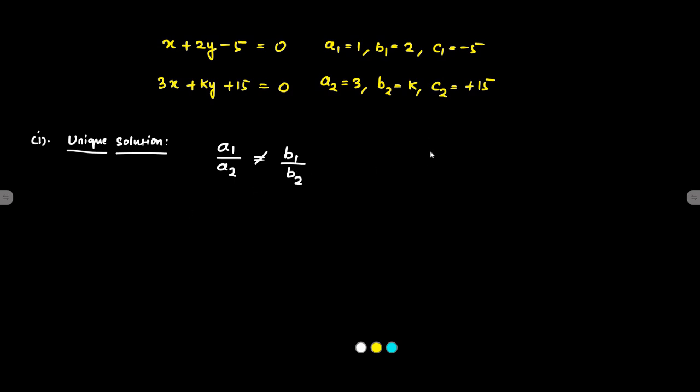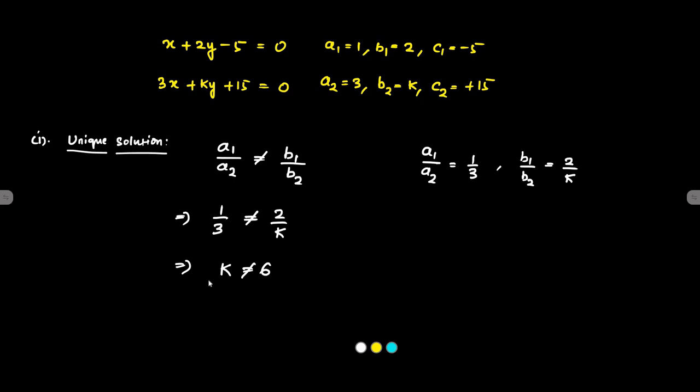So here a1 by a2 is 1 by 3, and b1 by b2 is equal to 2 by k. As per this condition, 1 by 3 should not be equal to 2 by k. That implies, cross multiplying, k into 1 should not be equal to 3 into 2, that is 6.